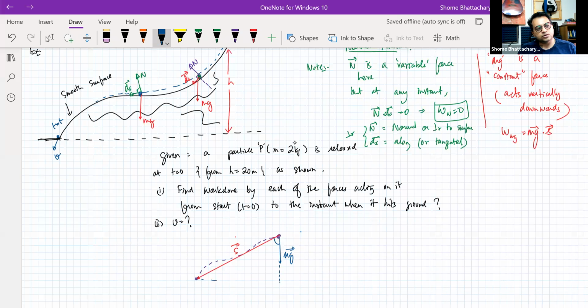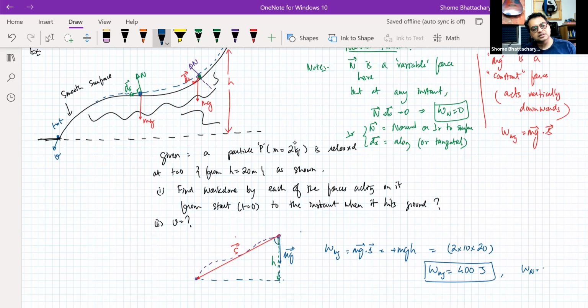So we will just need this vertical component, which is h. So that is going to be 2 into 10 into 20. So work done by gravity is going to be 400 joules.